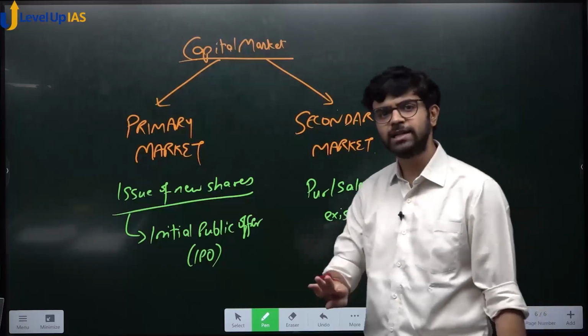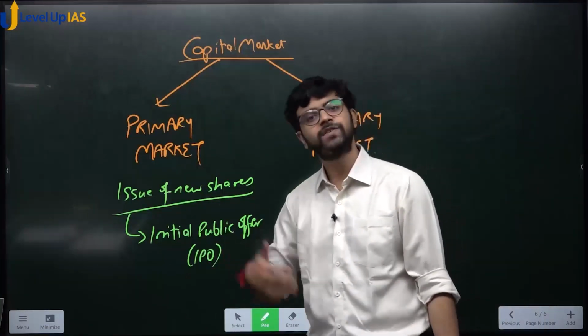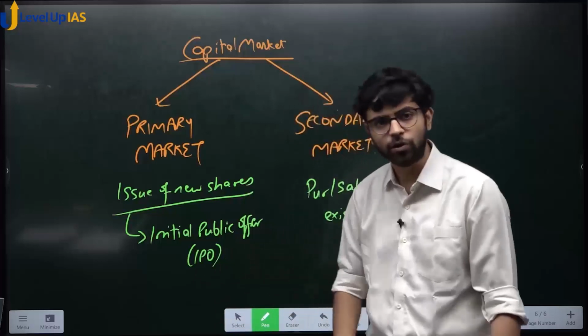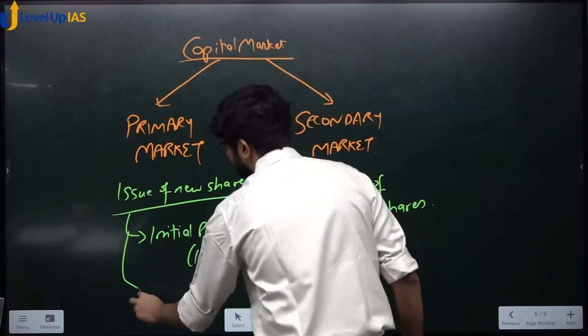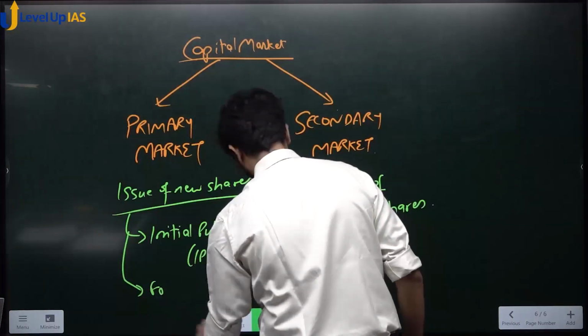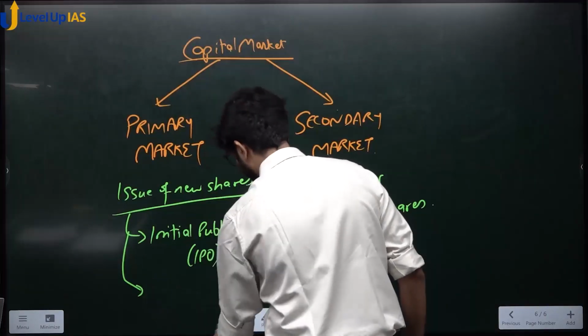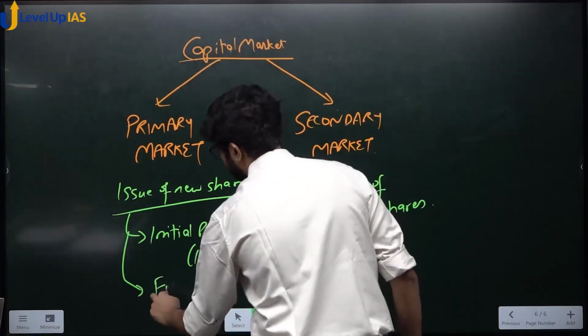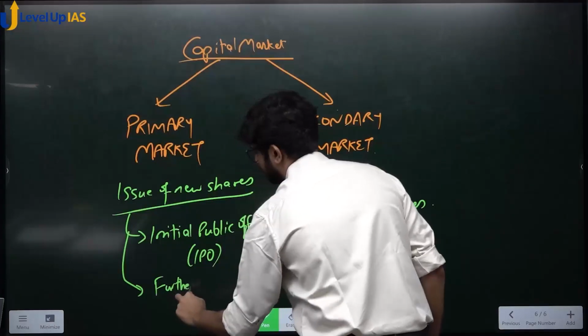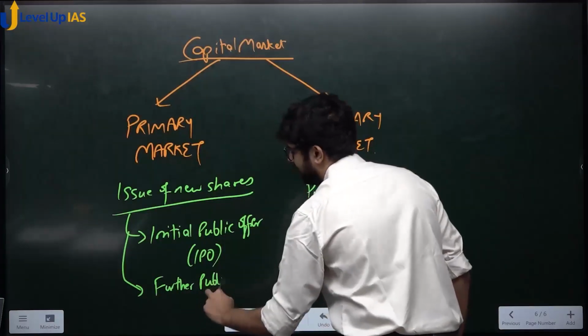Now we raised 40 lakhs. Let's say after 5 years we required more funds. We raised 40 lakhs from the public only. Yes or no? That is called a further public offer. I hope you understand the English.